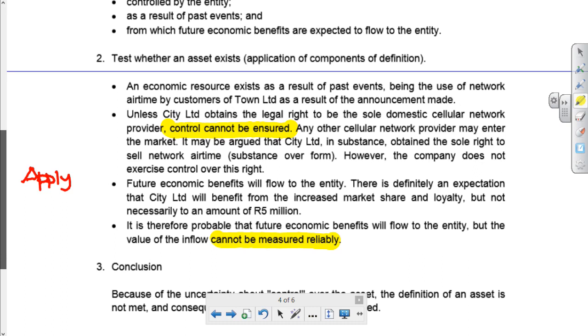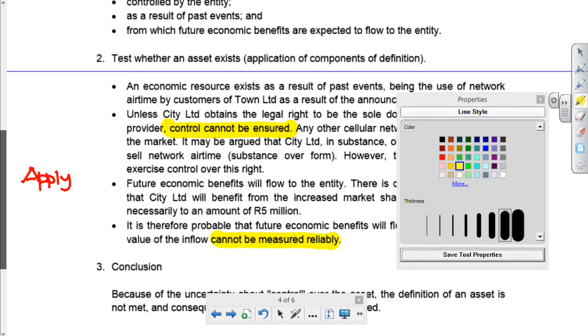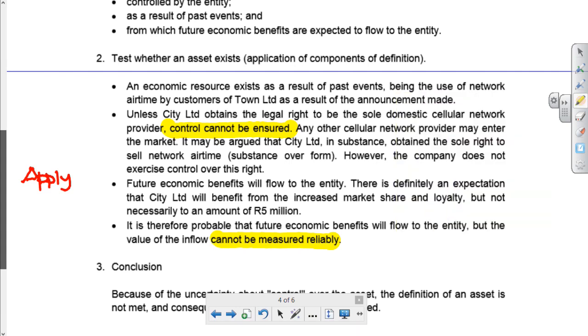So we had 2 problems, one with control, one with measured reliably, but at the same time, there were marks for all the other pieces, isn't it? If I look at all the other pieces, there is a resource. They say a resource exists. They say there was a past event, so that one was definitely there.